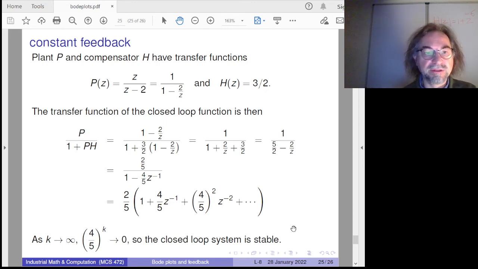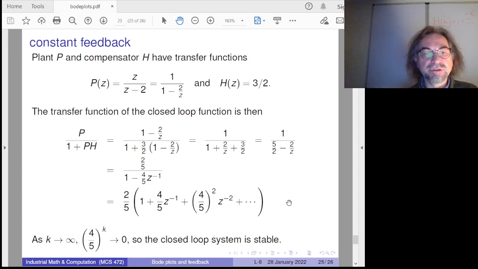We compute it with the formula that we derived. If the arithmetic works out fine, we multiply P with H, where H is the constant 3 halves. We simplify, and the ratio 4/5 comes in. As we have the transfer function of the closed loop system, which is central here, with the Laurent series expansion we can see the geometric progression of the series.